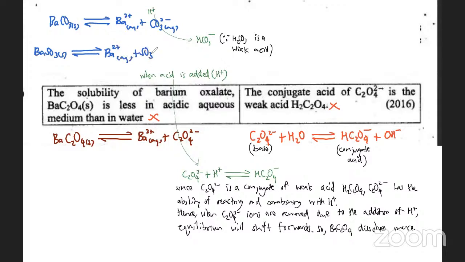And for that, if you add acid, the same scenario is going to take place. That H plus is going to combine with SO3 2 minus and form HSO3 minus. Reason again, because H2SO3 is a weak acid.